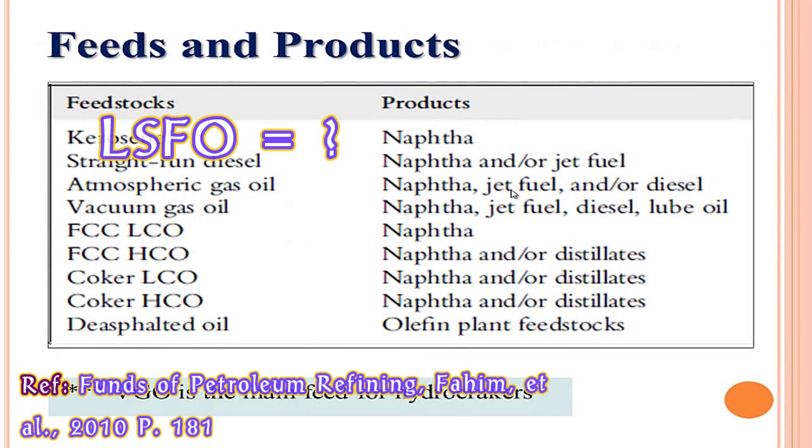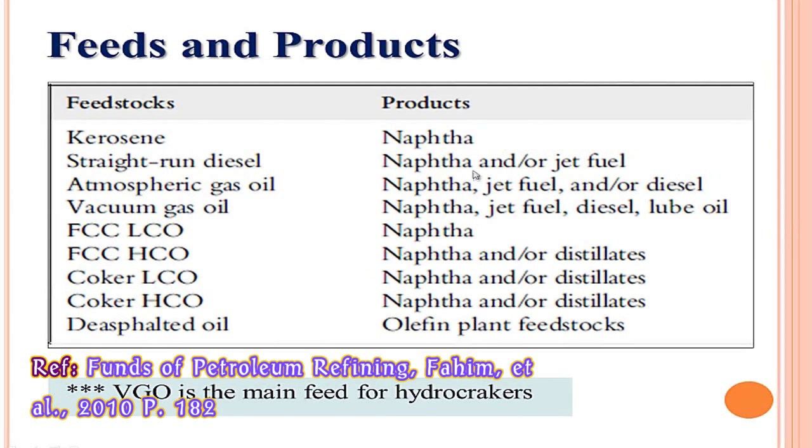And of course, the products of hydrocracking will be lighter than the feedstock. Naphtha is lighter than kerosene, and naphtha is lighter than diesel, as we knew before. For example, you can see that most of the feedstock will get cracked down to smaller components like naphtha.